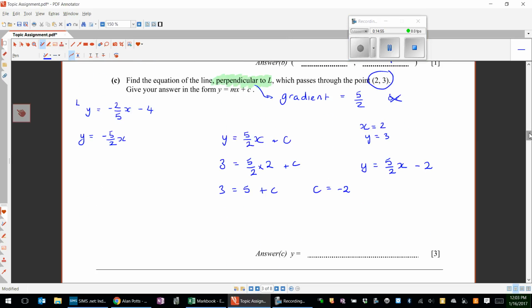You can have 1 mark for the gradient being the correct version compared to your part A. There is 1 mark out of the 3 for stating this, so putting the 3 for the y and the 2 for the x. And then there is 1 mark for getting the correct value of c. So for instance, if you wrote +2 instead of -2, you would have got 2 out of 3 marks.